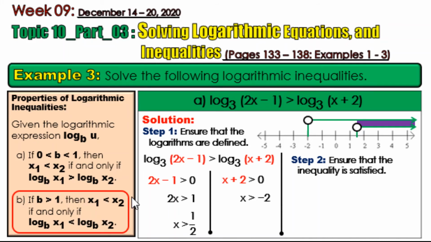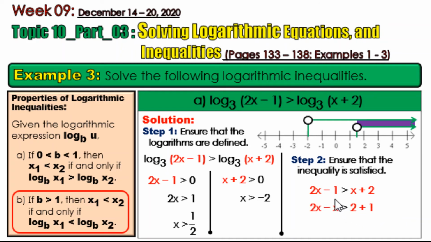Applying this property, we can use 2x minus 1 and x plus 2 on both sides of the inequality, but the inequality sign must remain greater than, because our b is greater than 1. And we'll be solving for the value of x.